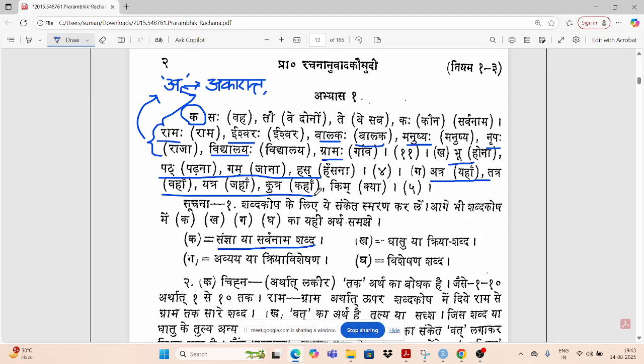Now, what are these avyayas? The avyayas are words which do not have any vyaya. We say na vyayah iti avyayah. So we have a set of things that we will keep seeing even when we complete these two volumes of Rachananuvada Kaumudi.